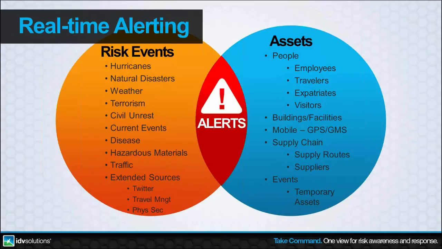And even pushing out further into the value chain, things like the periphery, things tied to your business's supply chain. So supplier locations, supply routes, critical transportation routes. These things can all be landed on a map in what we would call a geocoded context and alerted against when risk events encroach upon those.